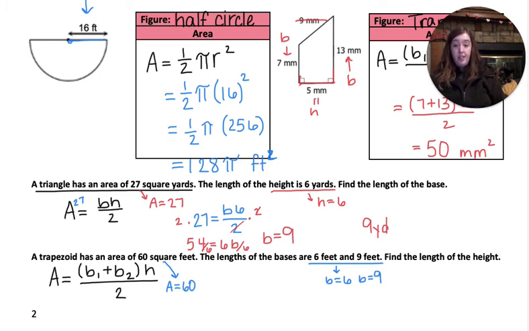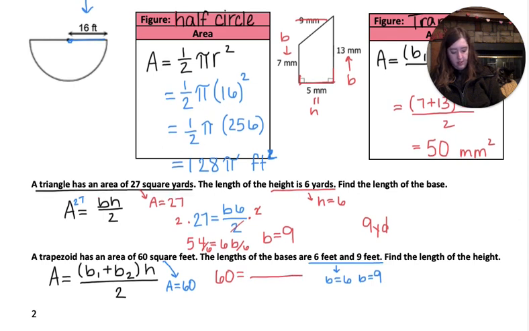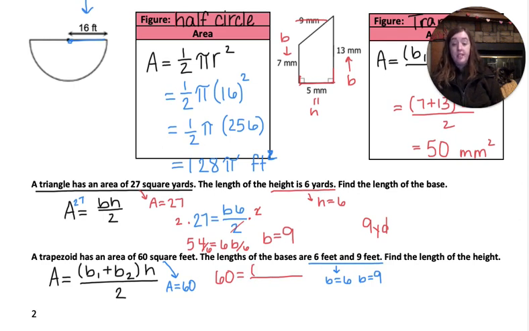They just told me that my area is 60, so I will put 60 in for A equals. They said that the bases were 6 and 9, so I'll have 6 plus 9. I don't know what the height is, so I'll leave that as H. And then I'll divide that whole thing by 2.